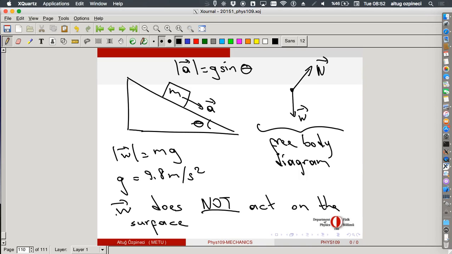And if these are the only forces acting on my object, then it's unavoidable that I will have a force parallel to the inclined plane, and it should cause an acceleration. So this basic observation, that although there is an incline, there is no motion, tells me that there should be one more force in our system, which prevents the motion, which causes the net force to be zero, so that the acceleration of this object is just zero.